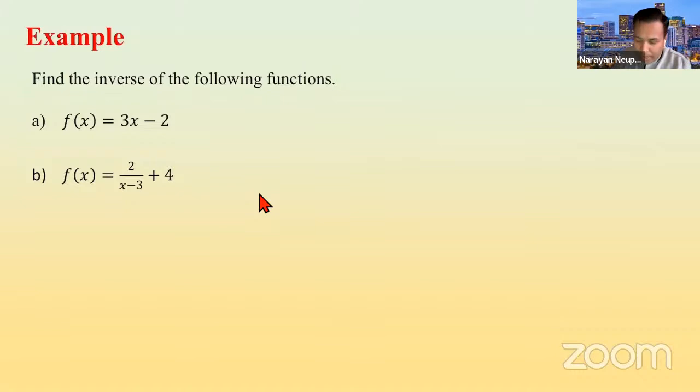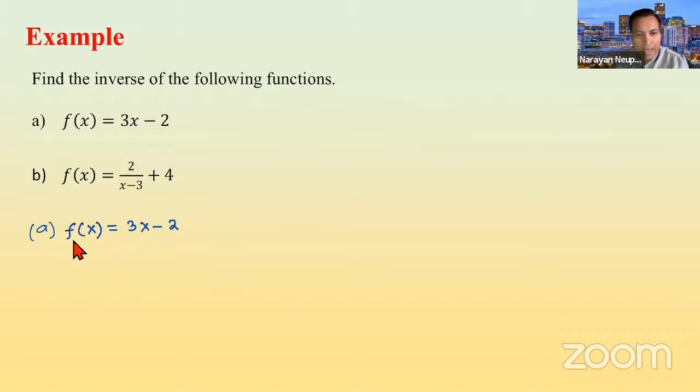So for A, you can see we have f of x equal to 3x minus 2. That is the original function that is given to you. What we have to do is find the inverse of the function.